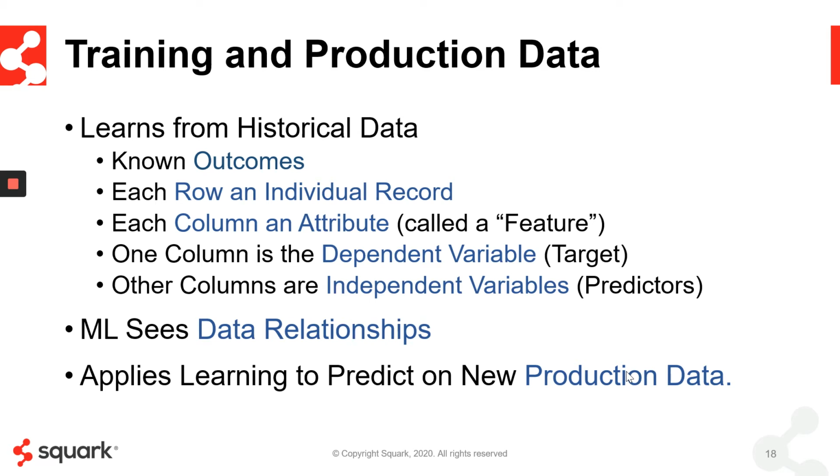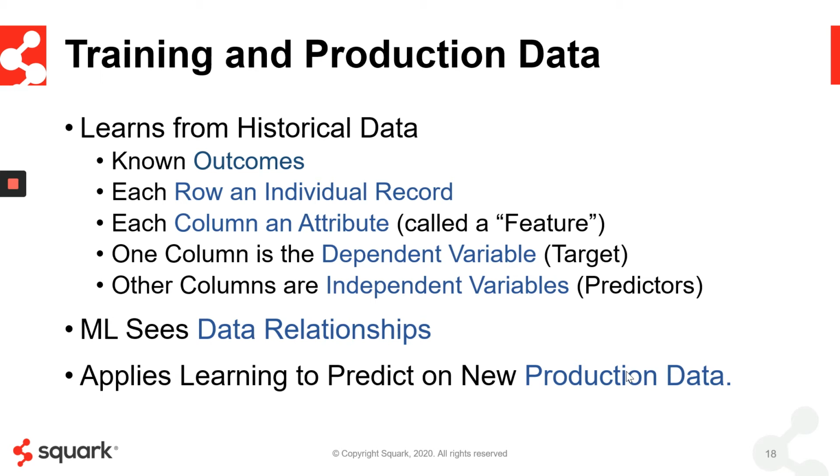So what you want to think about is maybe what you recall from your business statistics class in college or in graduate school. You're going to use your independent variables to predict your dependent variable. So your training data is going to have that information in it. Squark's machine learning sees the data relationships in this training data and iterates a series of models using data science best practices, from class balancing to feature engineering and selection to validation and cross-validation to early stopping and back propagation.